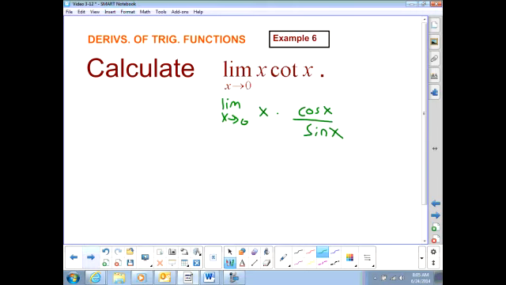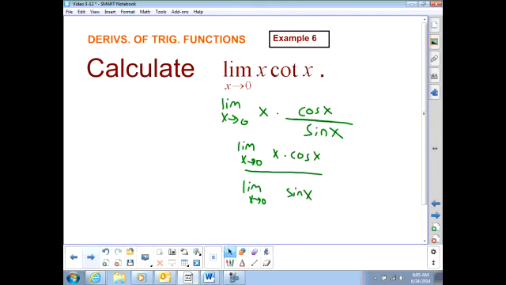The first is, let's think about this as two separate limits. The limit as x approaches 0 of x times cos x over the limit as x approaches 0 of sine x. And we can do that as long as the limit as x approaches 0 of sine x exists.